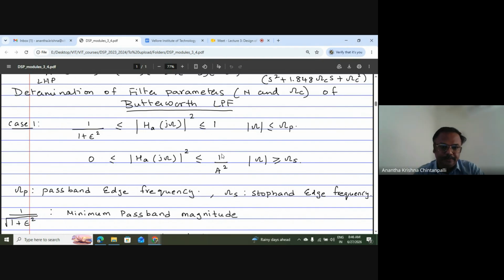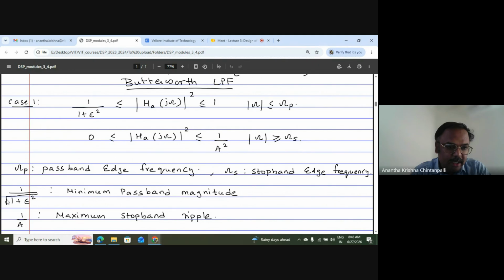Okay, now 1 divided by square root of 1 plus epsilon square is the minimum pass band magnitude which I want to have in my design. 1 over A is the maximum stop band ripple which I want to have in the stop band region.